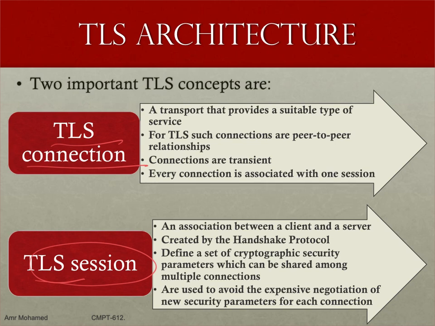A TLS session, in fact, has multiple TLS connections, so the relationship is one to many. One TLS session has multiple connections. So that's how it works. The connections here are transient, so they may get established and then torn down.